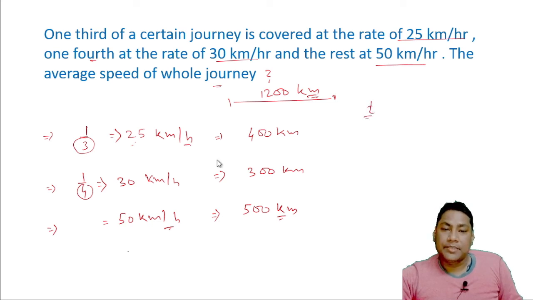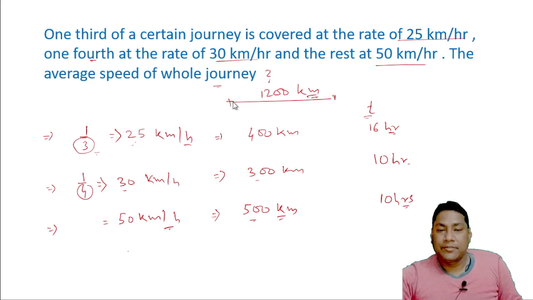Now we'll take the time taken by the three parts. In the first part, the distance is 400 and the speed is 25, so the time taken will be 16 hours. For the second part, 300 at the rate of 30 is 10 hours, and for 500 at the speed of 50 kilometers, also 10 hours.